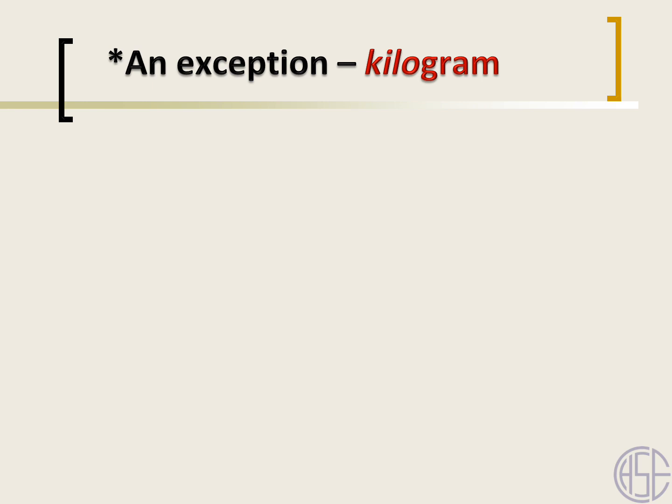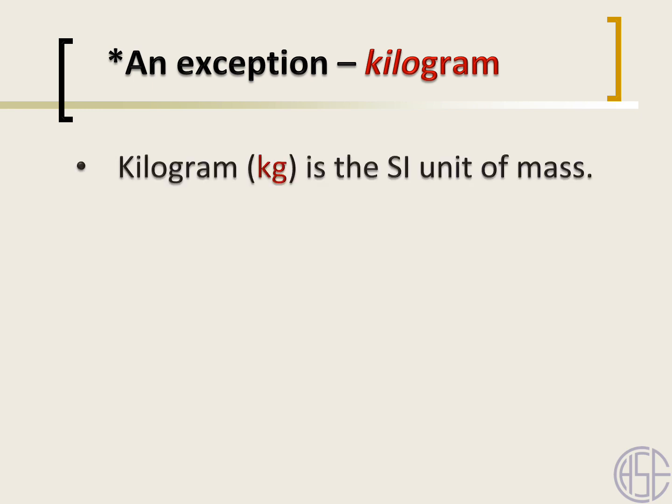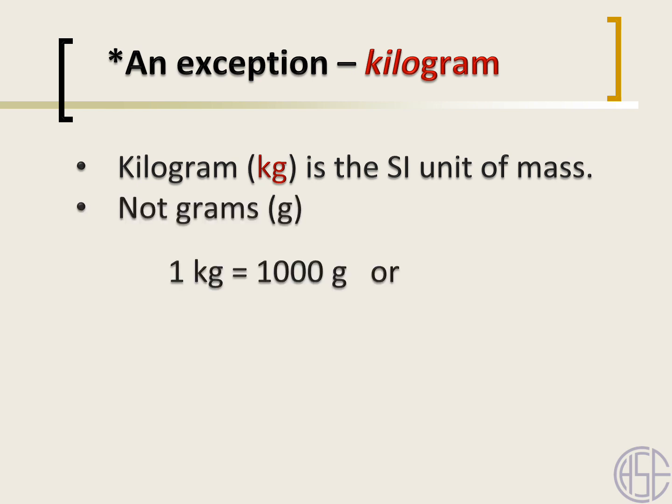So there's a confusion there, but you have to always keep in mind kg is the SI unit of mass, not grams. This is something different from all other quantities, where kilo is not already there in the SI unit. So you have to treat it like a special quantity.